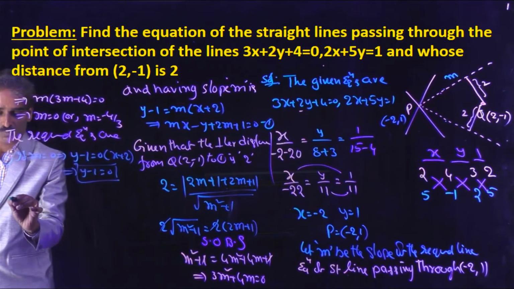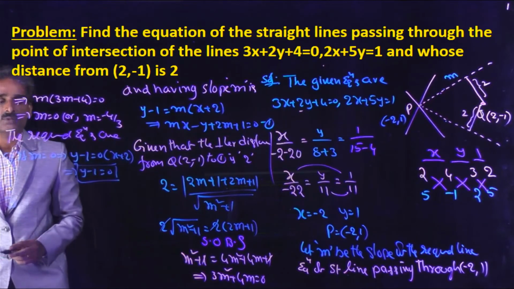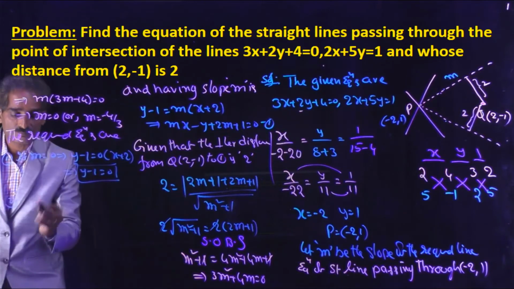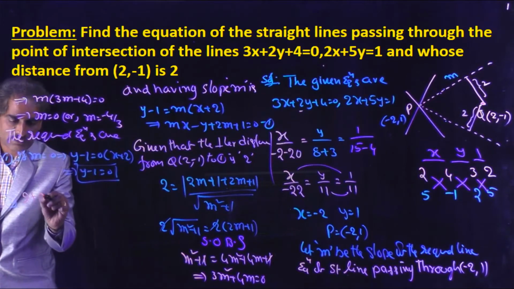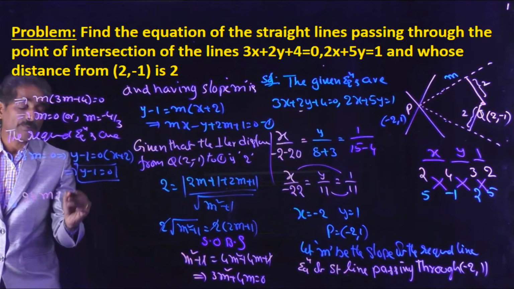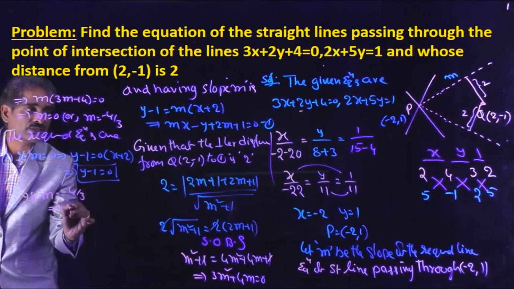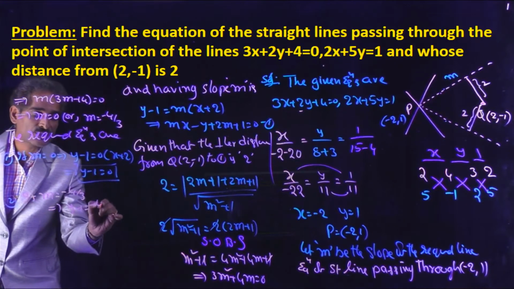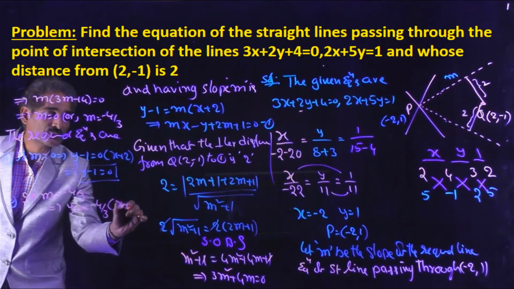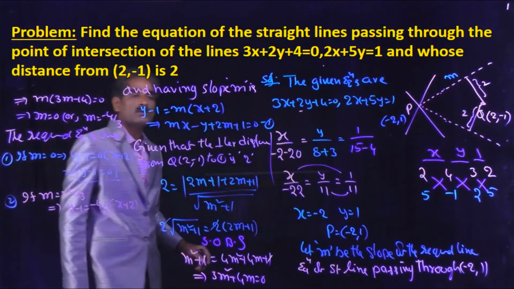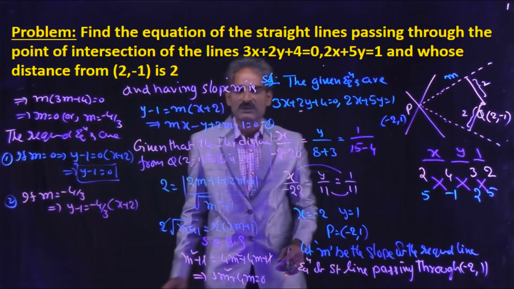Case 2. If m is equal to minus 4 by 3, then the equation is y minus 1 equal to minus 4 by 3 into x plus 2. Okay, just simplify this equation.